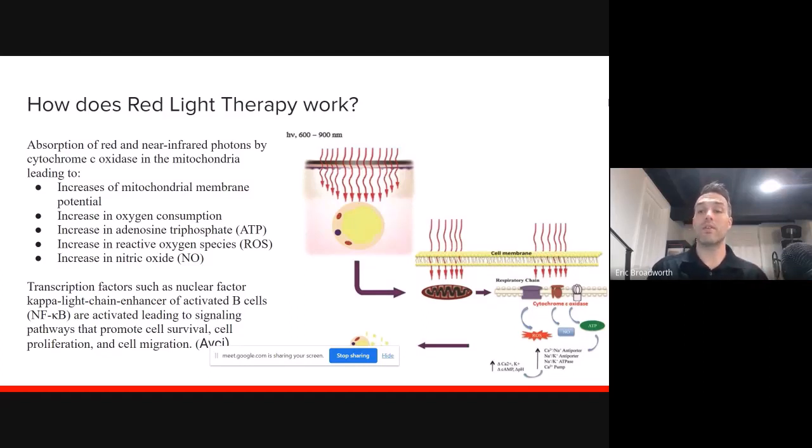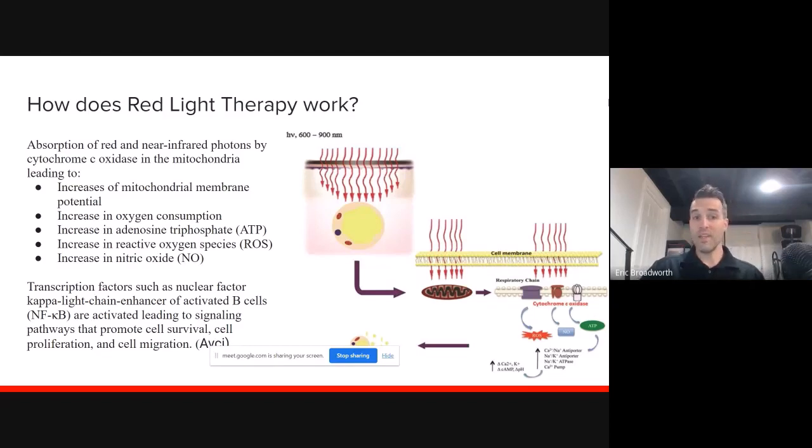So not only is it going to help these people lose weight, it's going to help them with pain relief and inflammation. It's going to help their body become more efficient at producing energy by having an effect on these mitochondria and ATP production. The nitric oxide production is also going to help with increasing vasodilation, so that's where you're going to get an improvement in circulation and in the cardiovascular response.